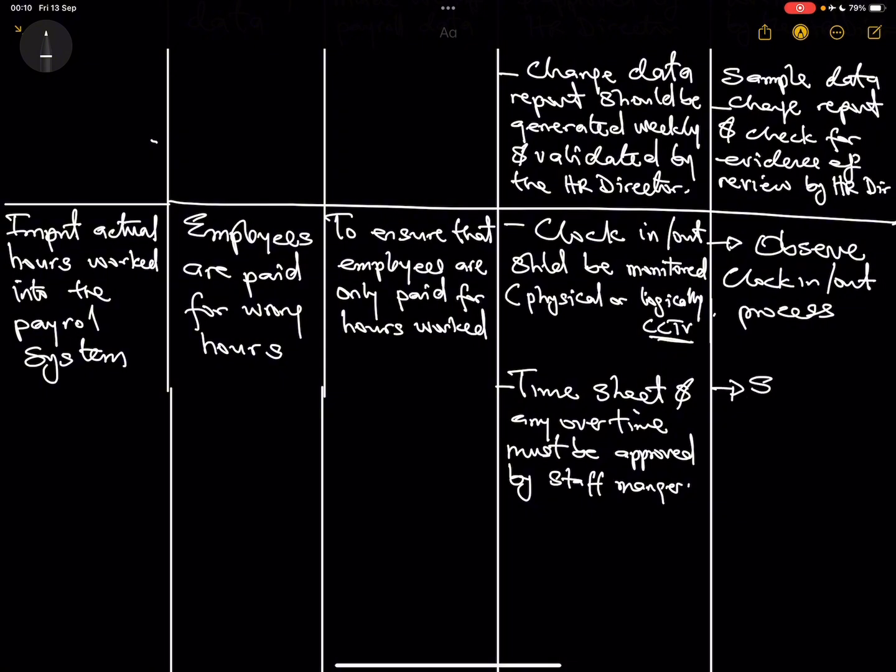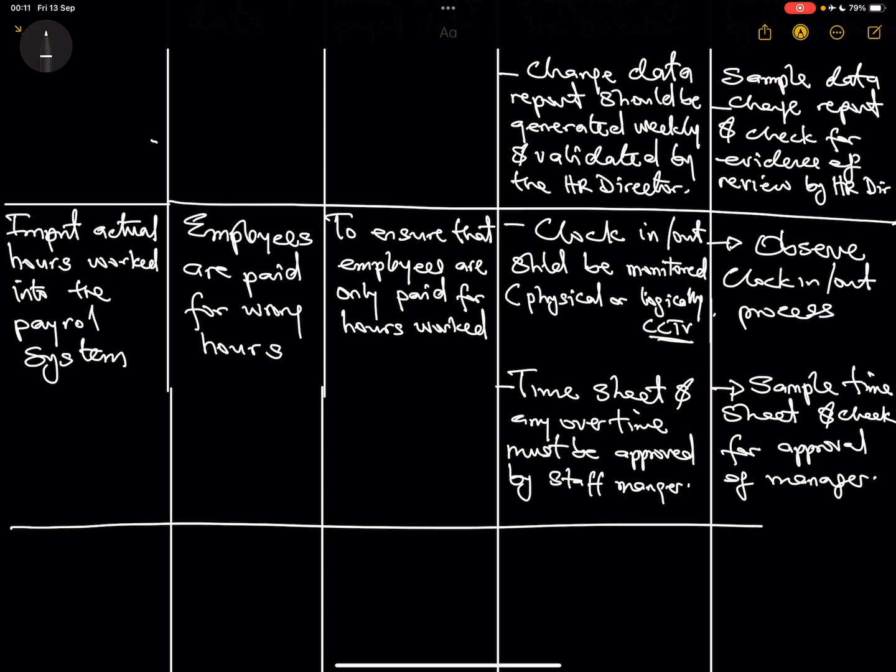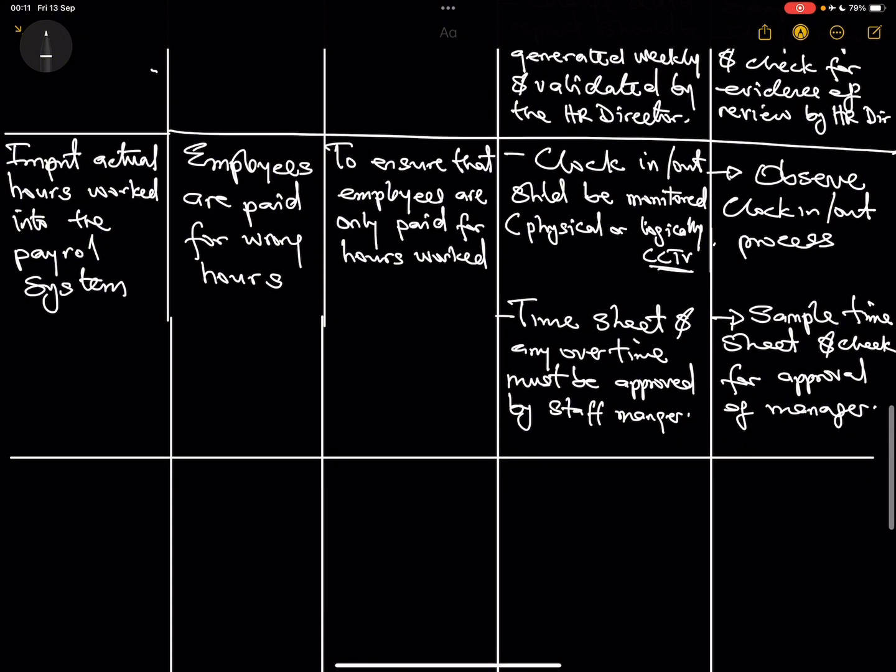And likewise for timesheets, you just need to sample some timesheets and check for approval of the manager. That is it for the input of actual number of hours into the system.